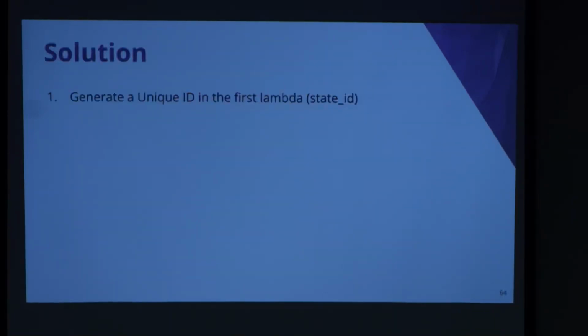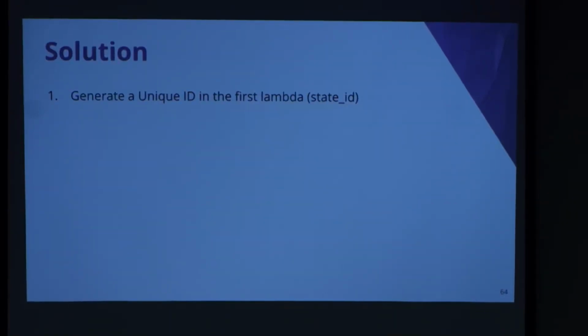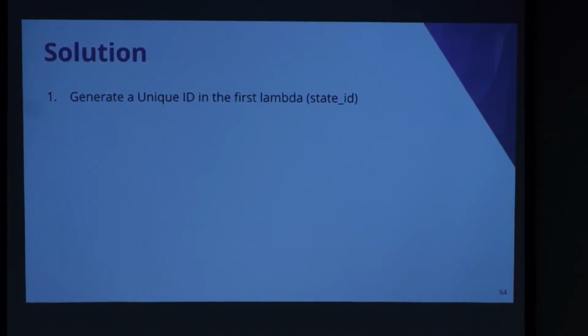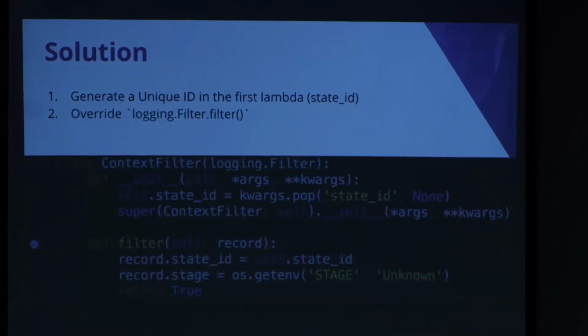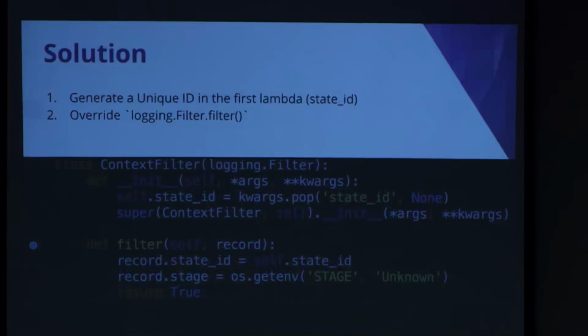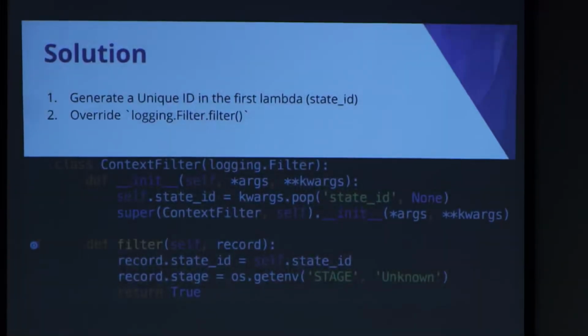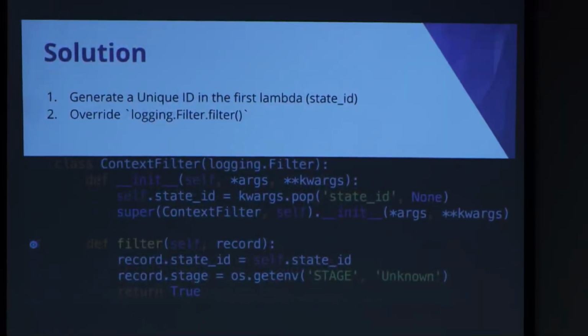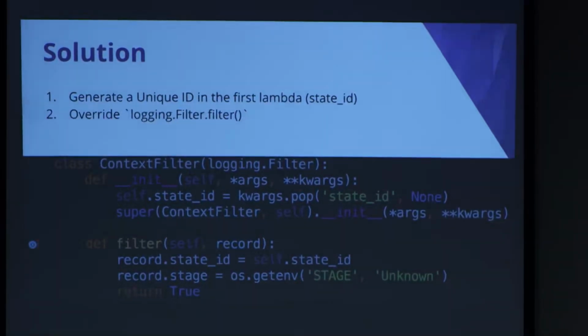Our solution was to generate that unique ID in the first Lambda. So that GitHub authorizer we talked about earlier, the very, very first thing we did was to add that state ID. And then we wrote a custom log formatter, and we made available to that formatter a state ID, and we also have in here a local environment variable called stage, and that environment variable stage tells us whether it's our prod or staging that we're debugging or whatever.